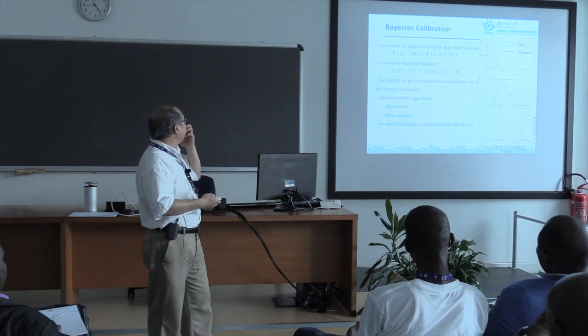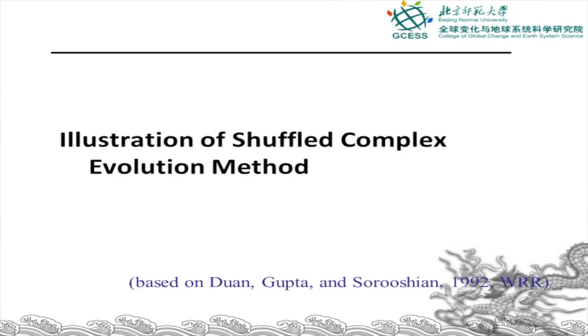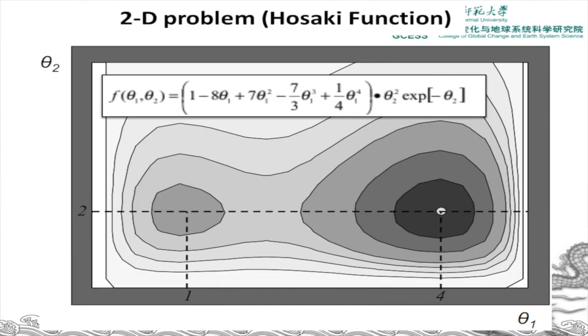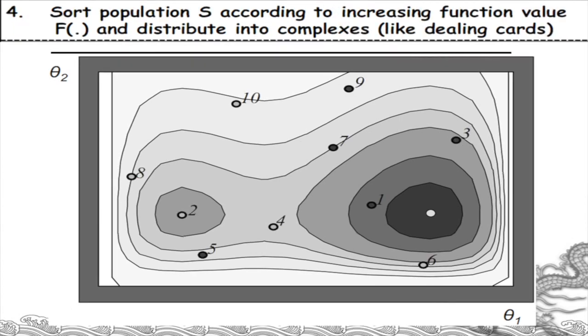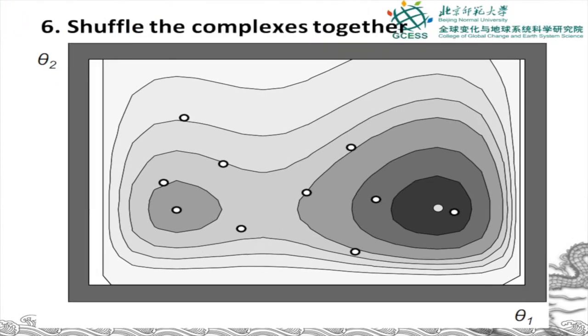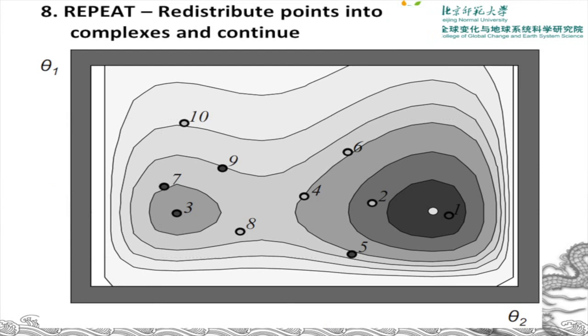Let me go directly to some of the examples. I don't think I have time. SCE is an algorithm I created many years ago, and it's still very popular in the hydrology community. I don't have time to go through how it works. Actually, I have 10 more minutes, so I don't need to be too fast.